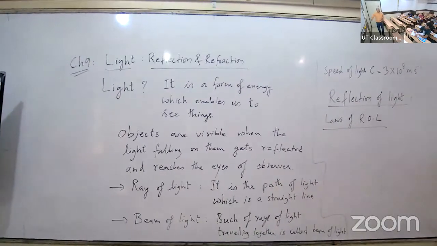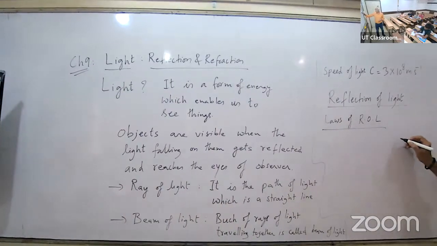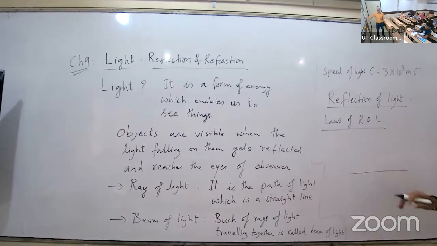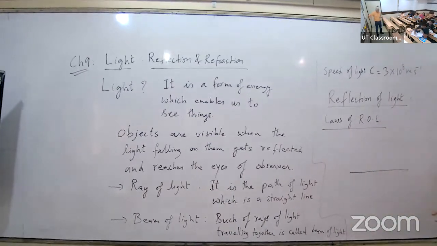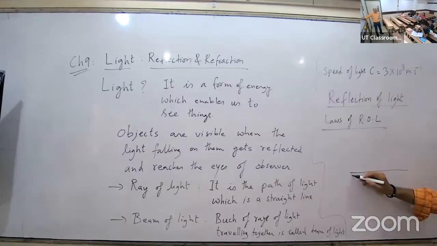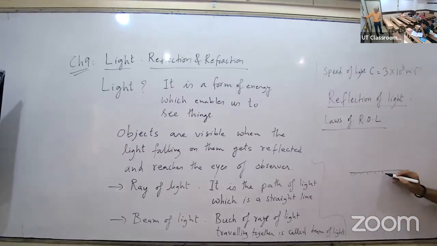Let us take a plane mirror as an example. How do you represent a plane mirror? A plane mirror consists of a plain polished glass surface. One side is polished, the other side is coated with silver.